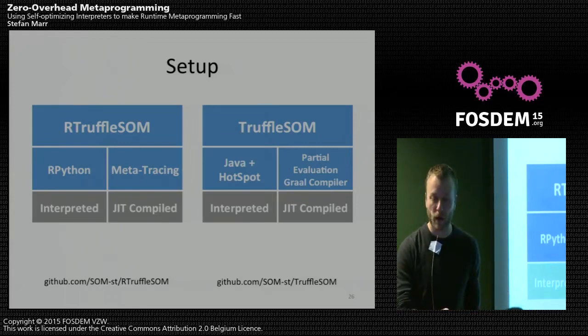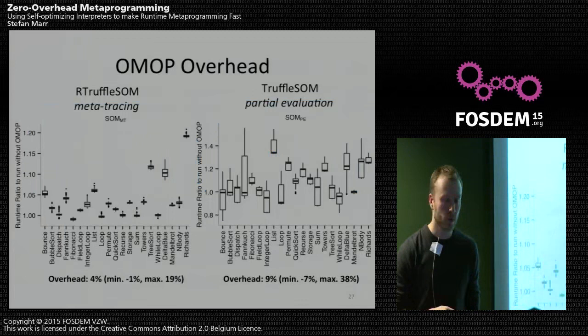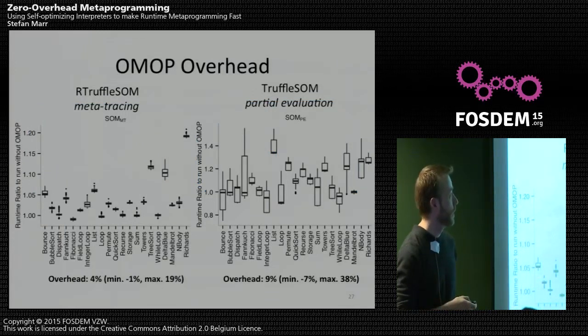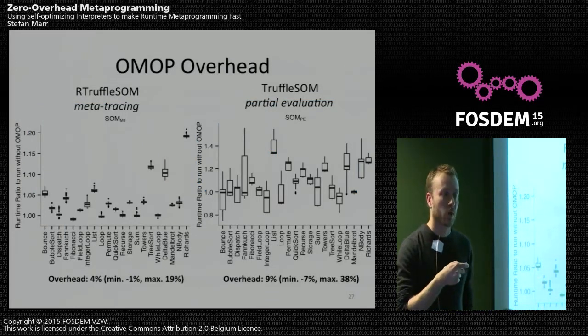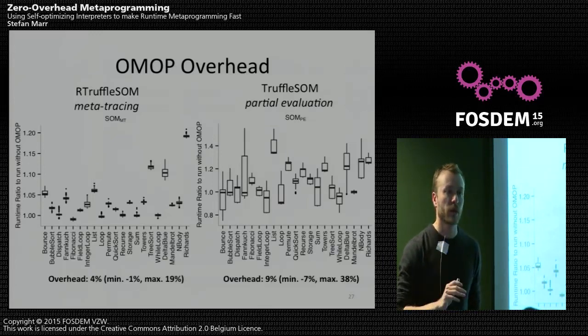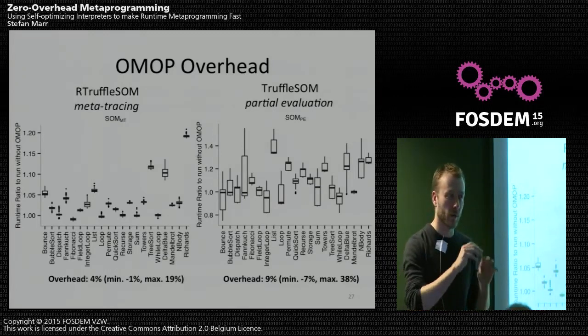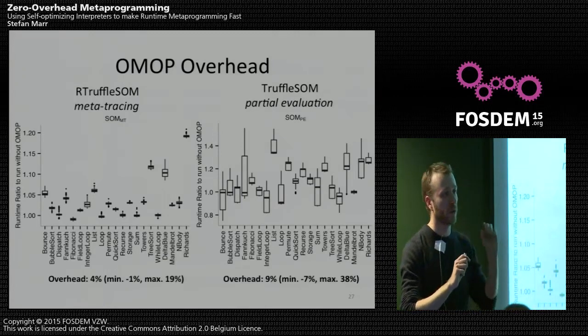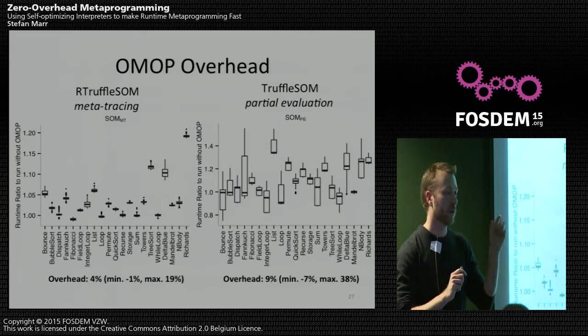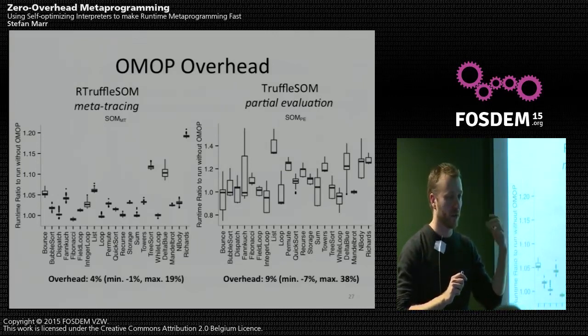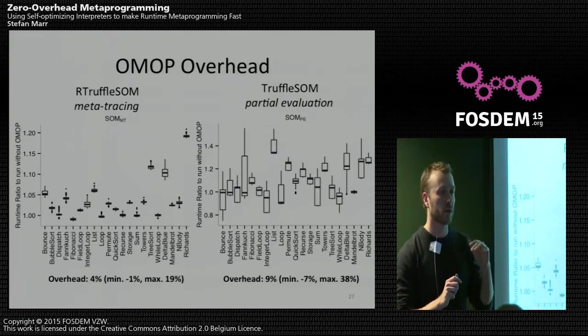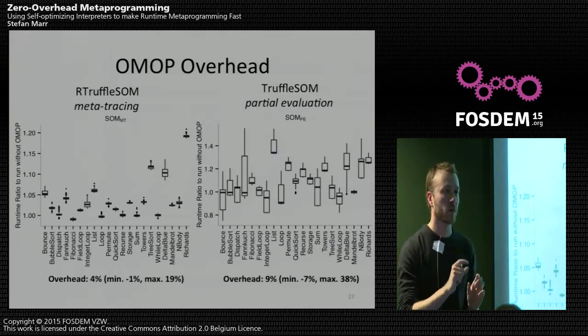To show you the numbers, here are a couple of benchmarks showing that we can also remove reflective overhead while having the fancy meta-object protocol. So imagine all kinds of field writes, field reads, and message sends have an extra indirection level, an extra intercept where you can redefine all those semantics.